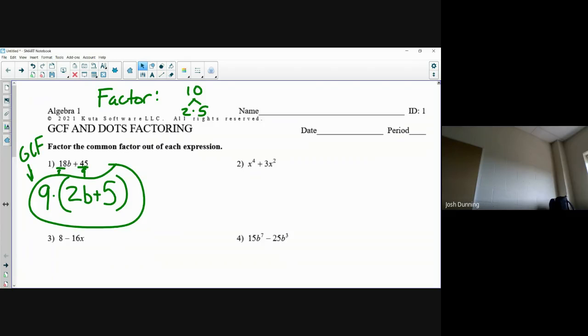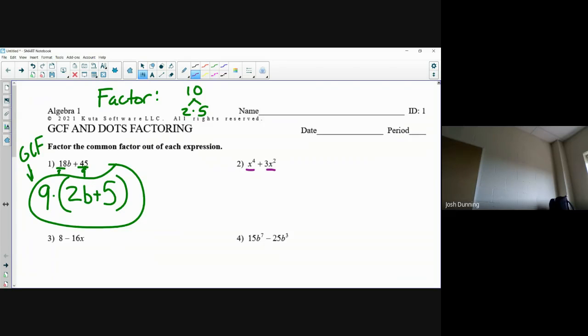Now, on 2. Well, there's no number in front of that x to the 4th. So there isn't like a numerical GCF like there was on the first one, but we have x's in all the terms. There are factors of x common to both.